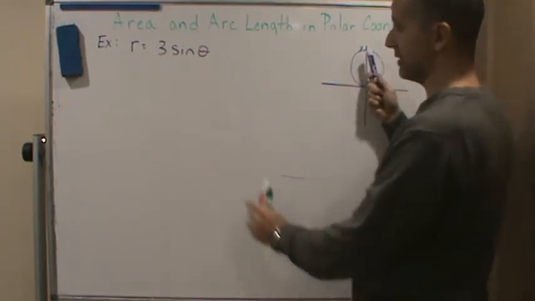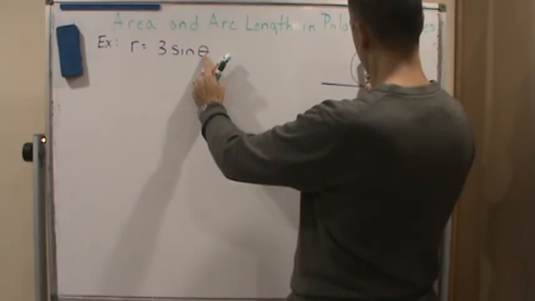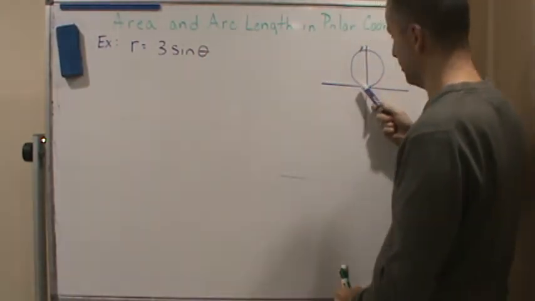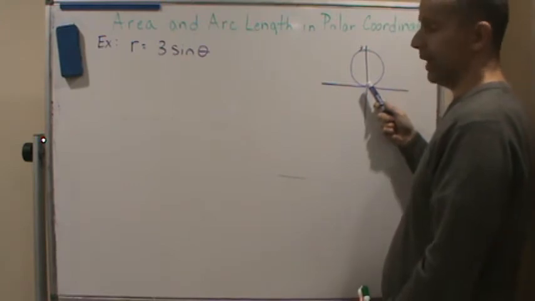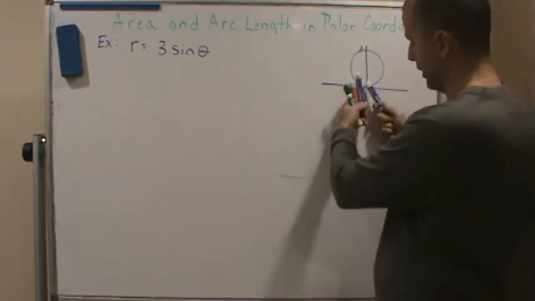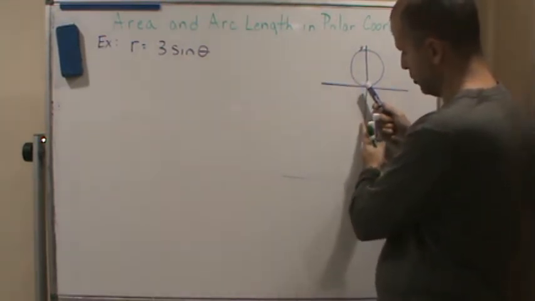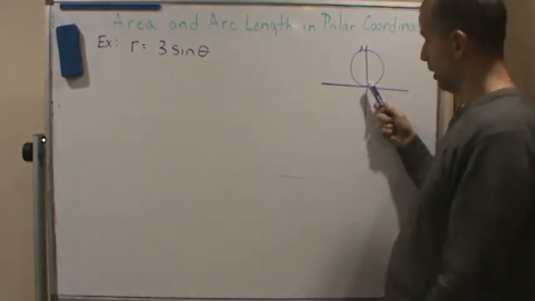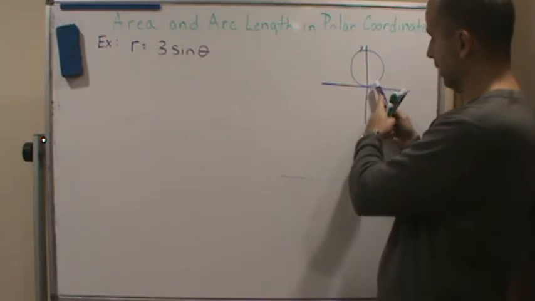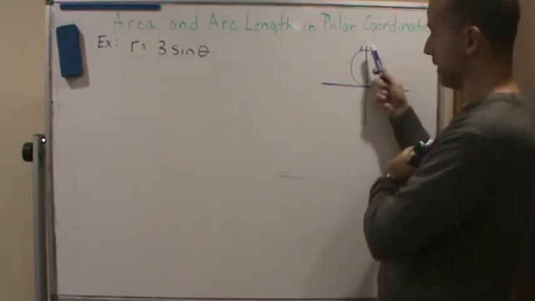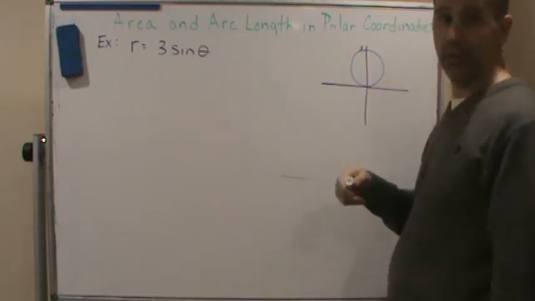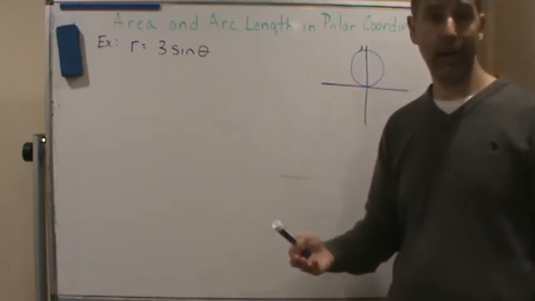And then from there, you go to pi. Well, at pi this is 0 again, so it goes back to 0. And then what happens as you get from pi down to 3 pi over 2? Well, it's going back up. It's tracing again. So this is going to trace twice if we go from 0 to 2 pi.